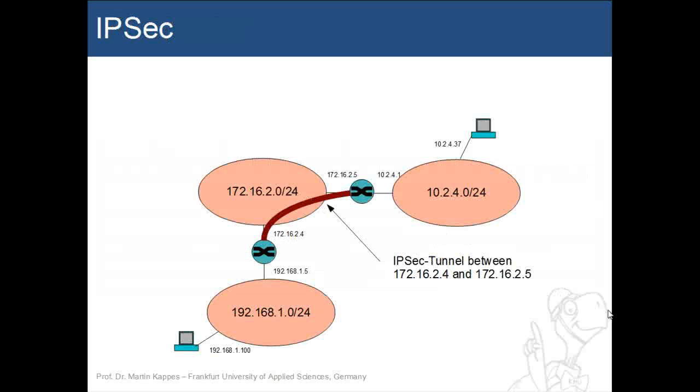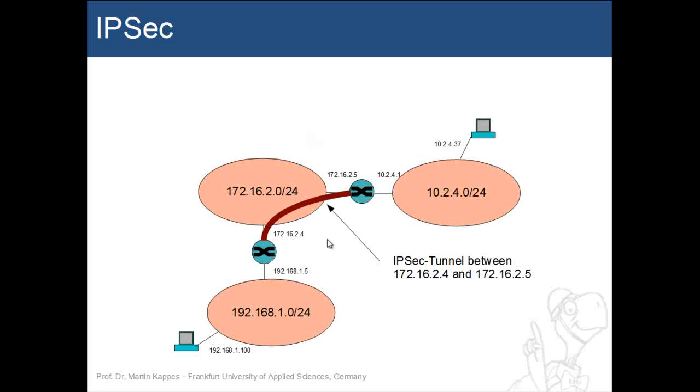So, when we create an IPsec tunnel between two machines, like in this example, which is pretty much the practical example that we're going to use in the lab and later, then we basically have a tunnel, and the traffic you will see here in this network.